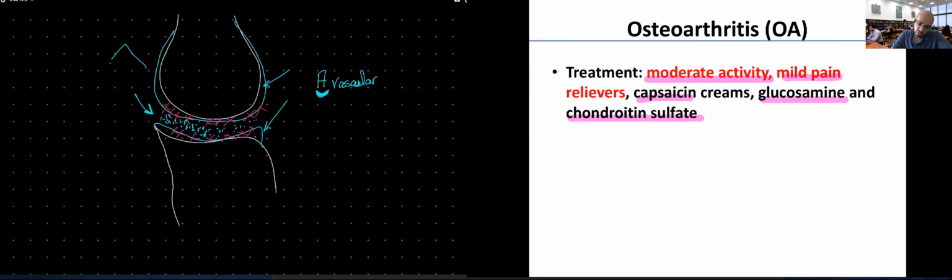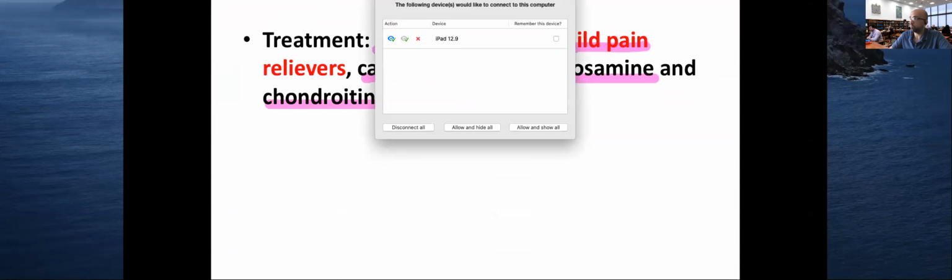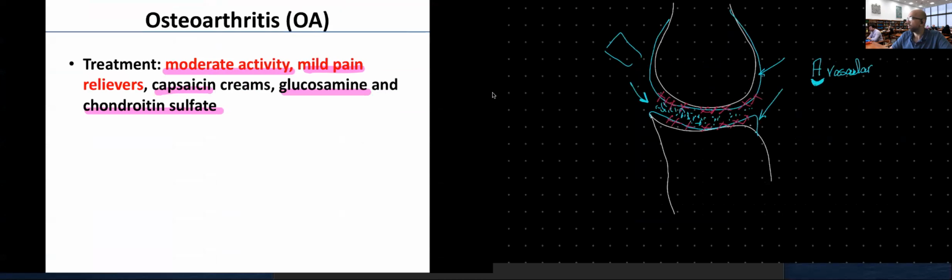In more advanced cases, if I was faced by persistent inflammation of the joint, some people might consider using injections of corticosteroids, cortisol injection to reduce the inflammation.